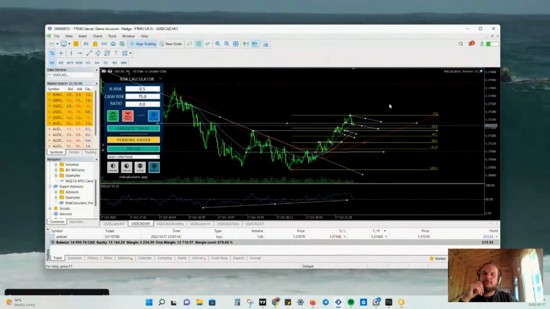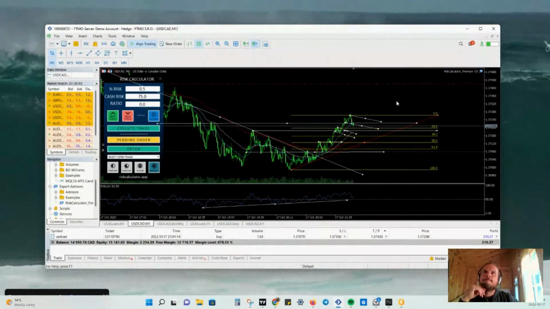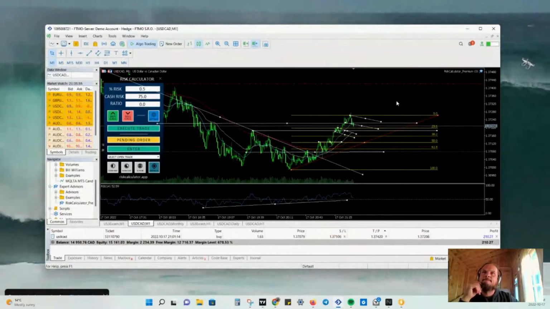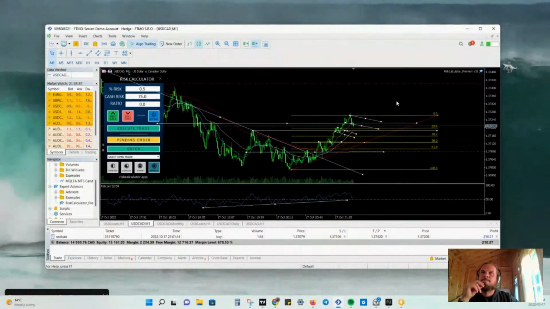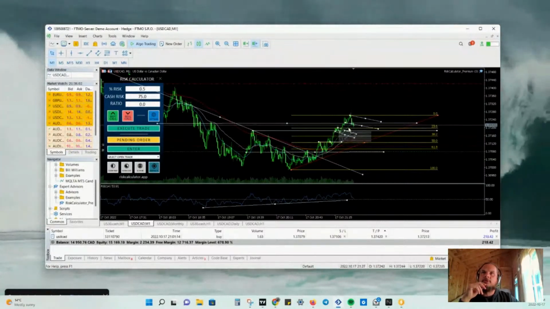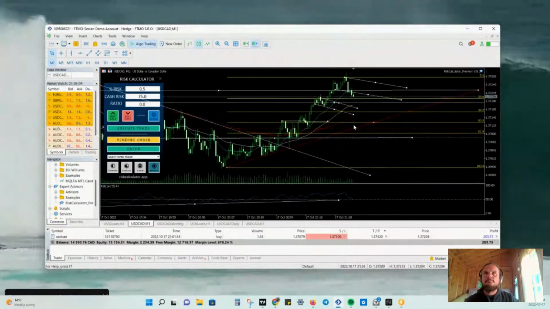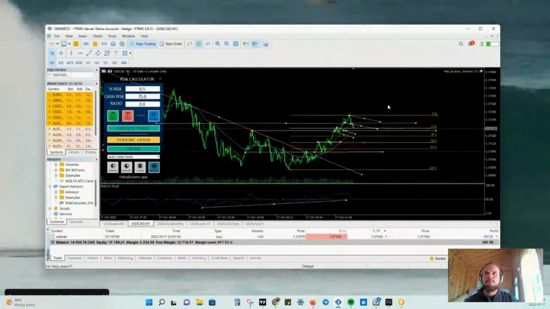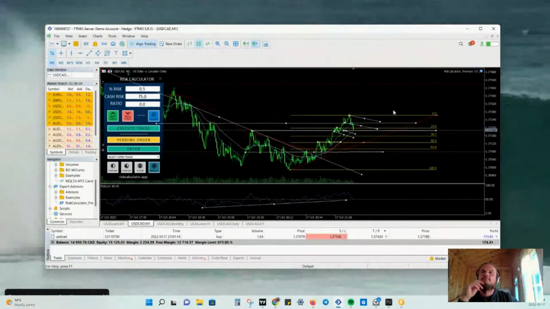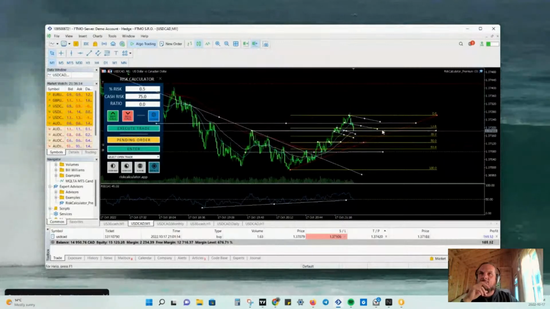Tap the 236. Could be a support zone now. There's that zone. Could that be support?